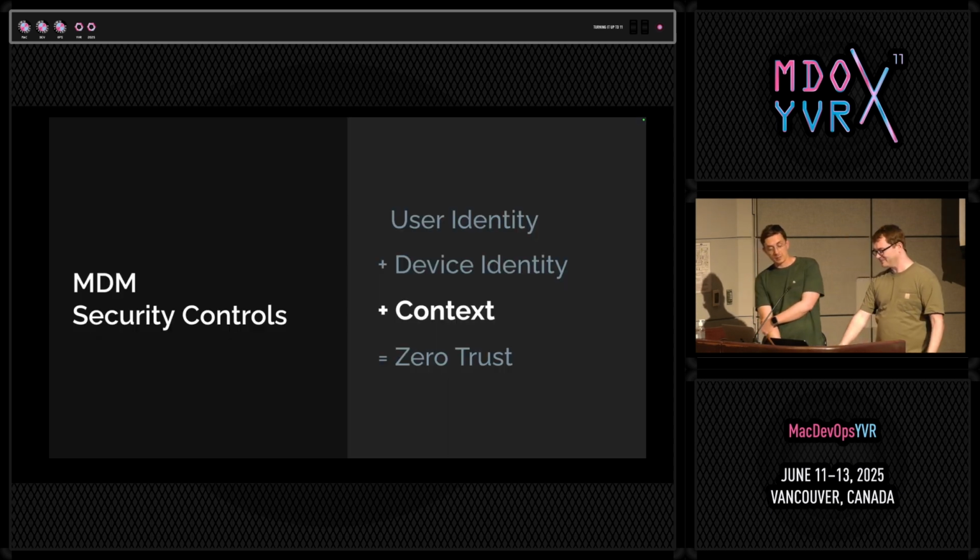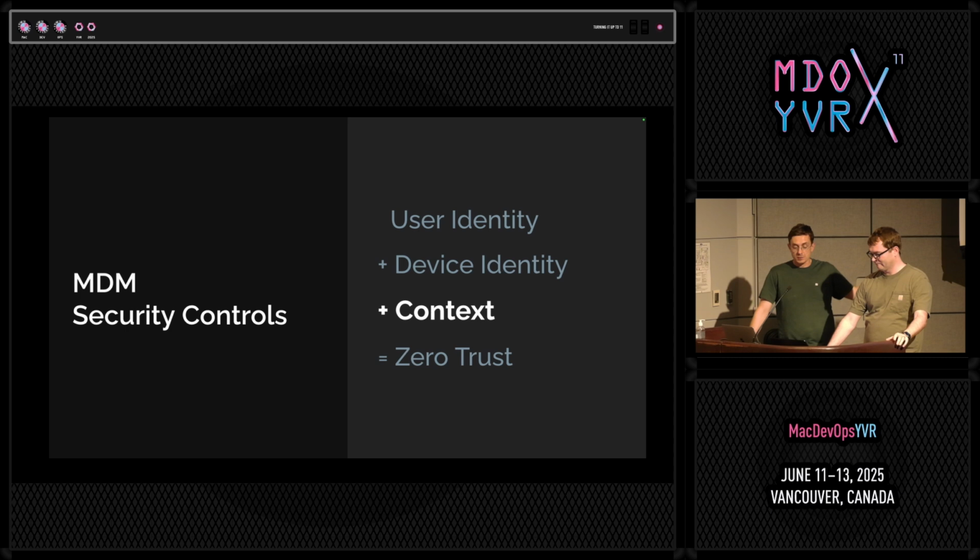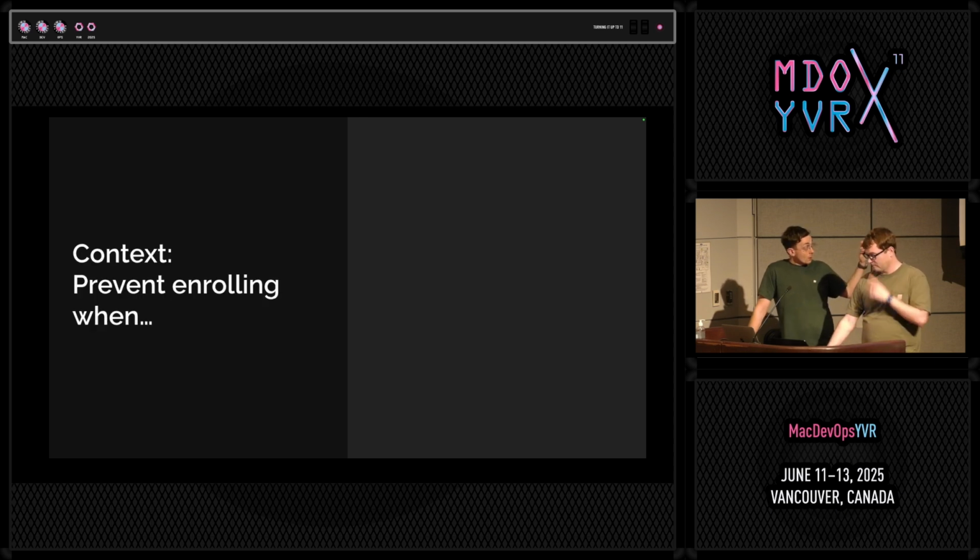All right. The last part of our zero trust approach to our MDM security controls is context. Context allows us to apply any other checks and decisions on whether the Mac should continue enrolling.